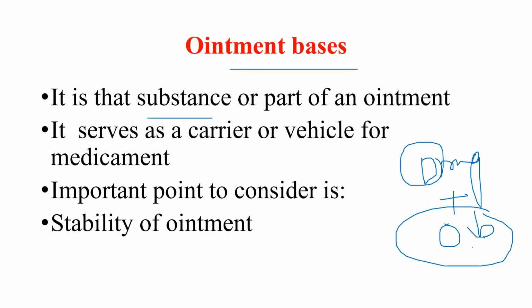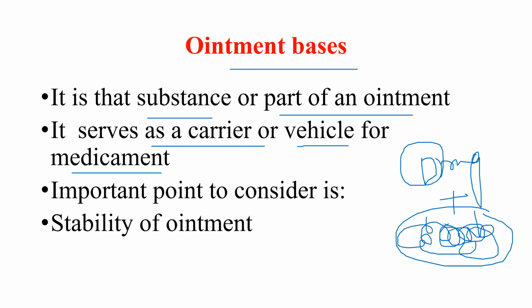It is that substance or a part of the ointment which serves as a carrier or a vehicle for the medicament. So what we do is take this drug and mix it with our ointment base, and this you are going to apply on your skin. Since I can't directly take the drug and apply it onto the skin, what do I do?